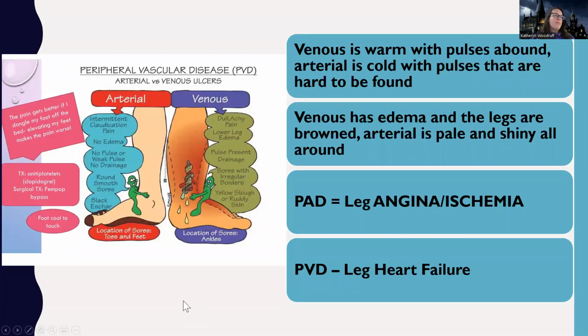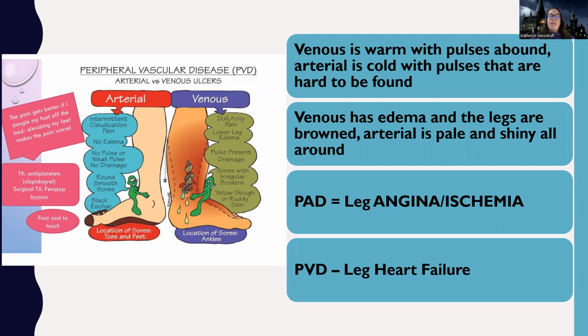So first, we're going to be talking about arterial disorders, and then we're also going to be talking about venous disorders. It can be kind of confusing because a lot of times when you see the word PVD, you might think peripheral venous disease, but most of the time it's talking about peripheral vascular disease, which means it could be an arterial problem. Arterial problems, to remind you, are anything involving the arteries, the vessels that are taking oxygenated blood away from the heart and delivering it to the tissues.